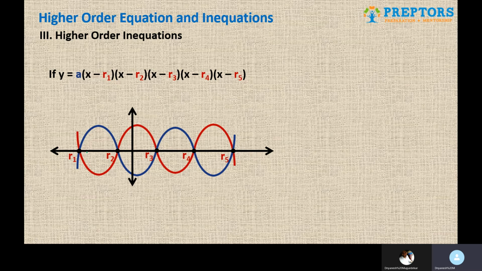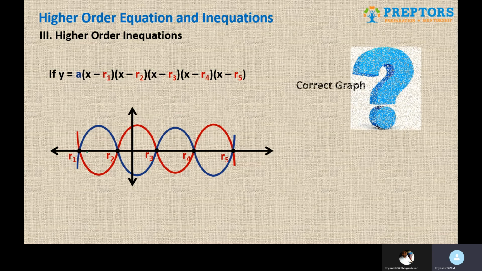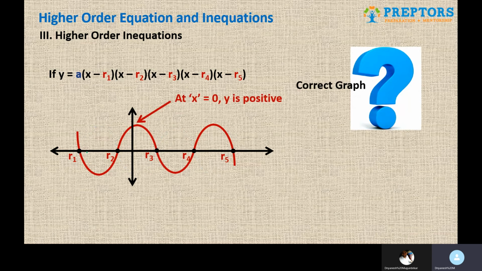You need to substitute x is equal to 0 in the original polynomial. If you substitute x is equal to 0 in this polynomial, and if you get the value of y as positive, you plot the red curve which is opening upwards.